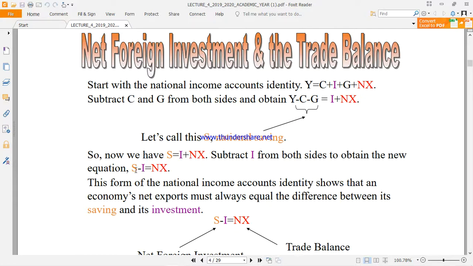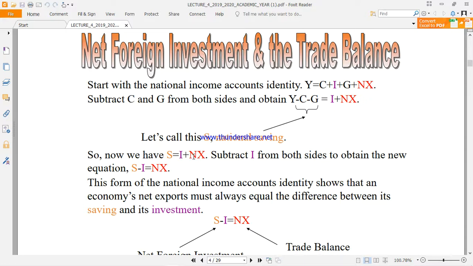Since we're saying that savings must equal investment plus net exports, then from the total amount that Zambia saves, we remove the amount that people want to invest. Then the remaining amount is what we are going to use for external transactions.